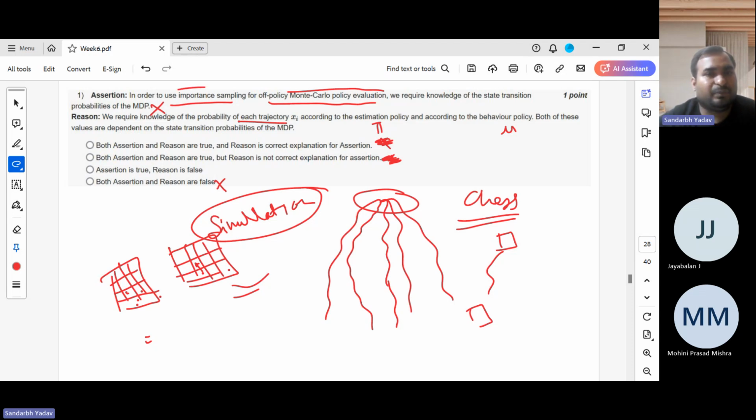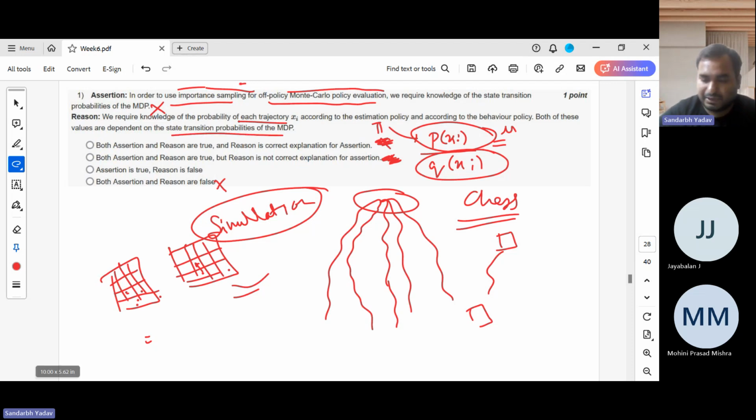We are using importance sampling here, and this is the important thing. Suppose we denote the estimation probability by P and this trajectory is xi. We don't actually need the actual values of these two. We simply need the ratio. And if you expand out these ratios, you would have seen that the transition probabilities were getting cut.